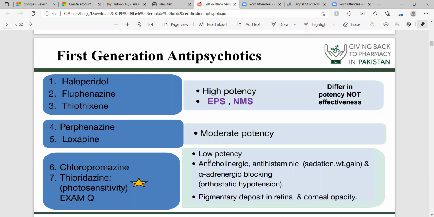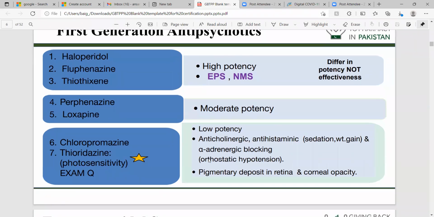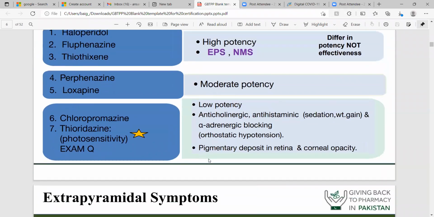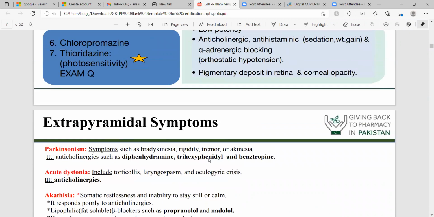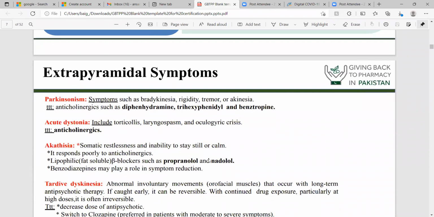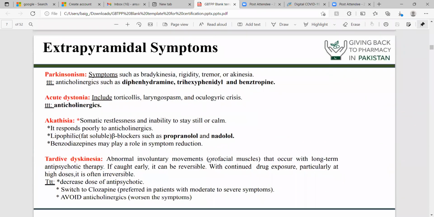I would encourage you to memorize the high, moderate, and low potency antipsychotics. For extrapyramidal side effects, we have to know the symptoms: Parkinson-type syndromes, in which the patient has rigidity, tremor, or akinesia, then acute dystonia, ataxia, and tardive dyskinesia.